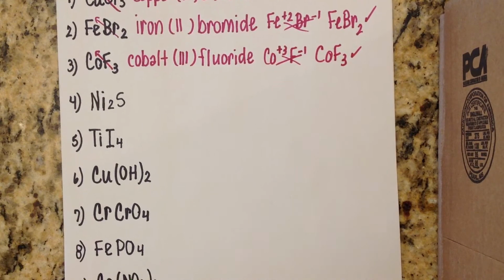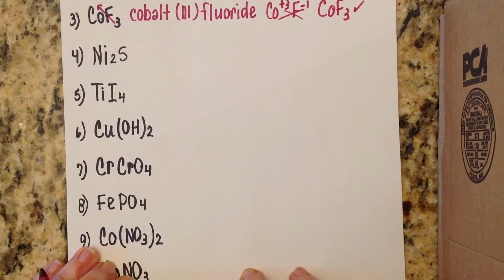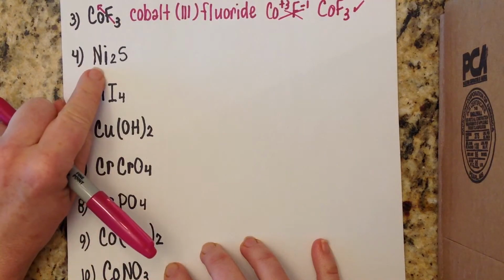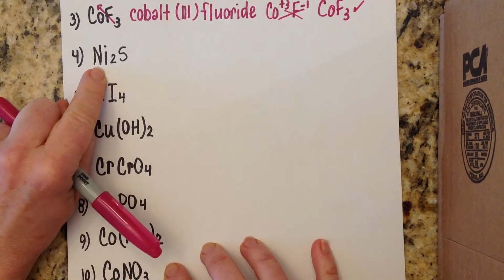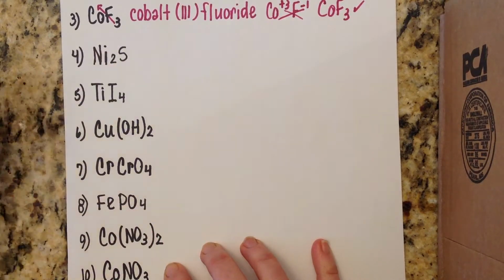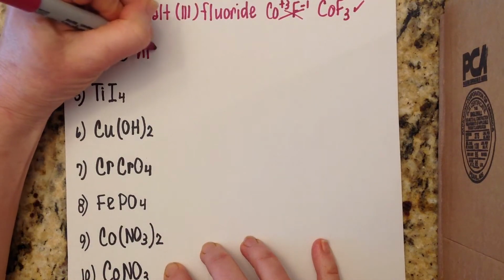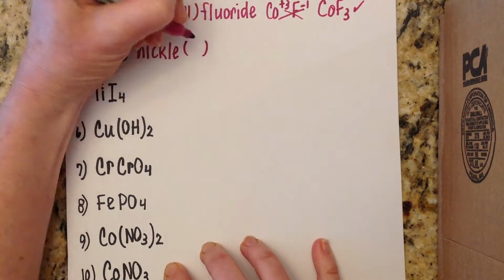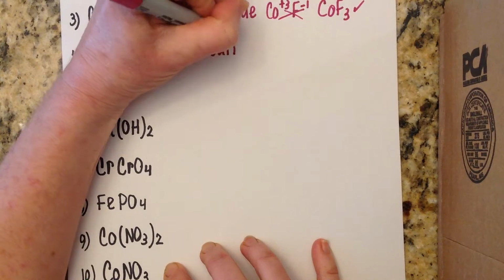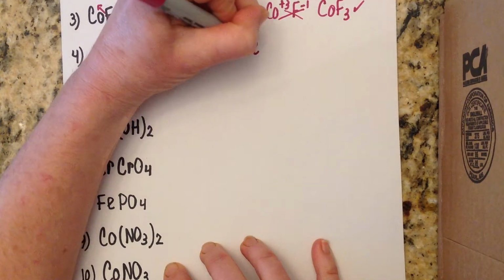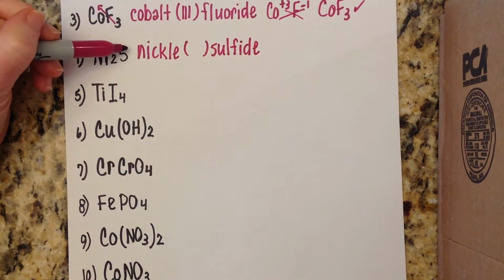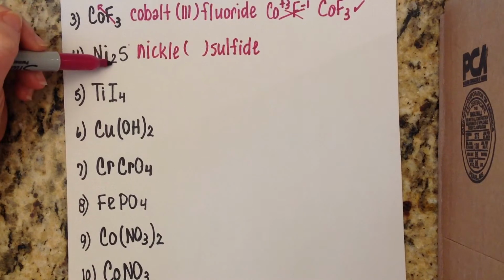Okay. Let's look at number 4. Ni2S. I know that is nickel. It is a metal. Is it a transition metal? So I'm going to have to use Roman numerals, and that's going to be sulfide. So I'm going to write what I know. Nickel something sulfide. All right. Now, I know that sulfide has a -2 charge, and that 2 did come down here, so these match.